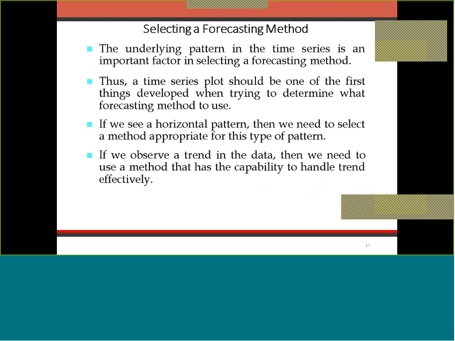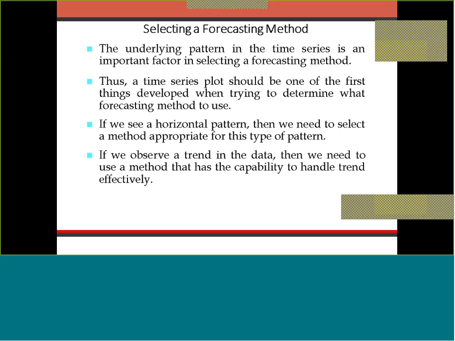Now we have to select a forecasting method for a given time series pattern. Please remember, what do you mean by forecasting? Just take the past data, plot it, observe the pattern, and based on the pattern, select a forecasting method. The underlying pattern in the time series is an important factor in selecting a forecasting method.